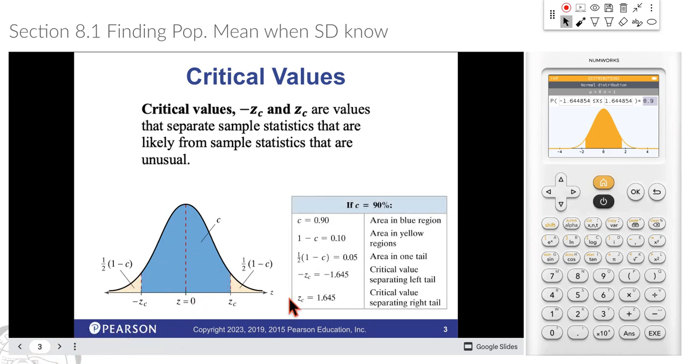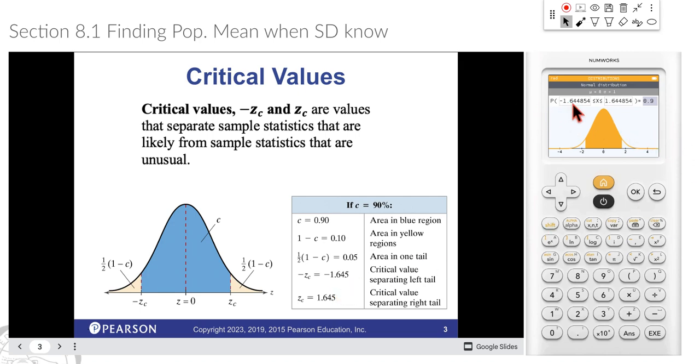Okay, so for 90%, you'll see here we get 5%, because 100% minus 90% is 10%, and 5% is in each of the little tails, the white regions down here. And the z-scores are negative 1.645.